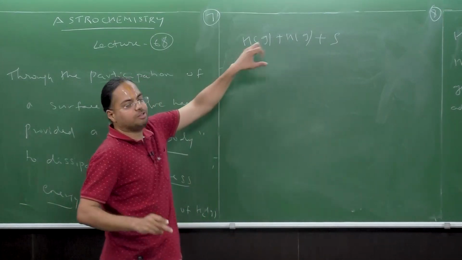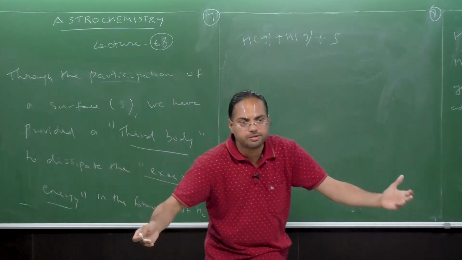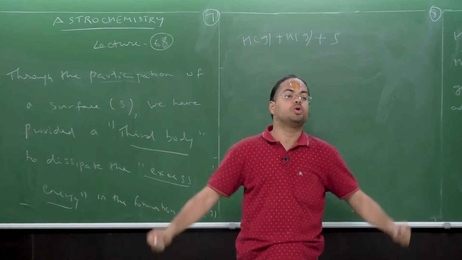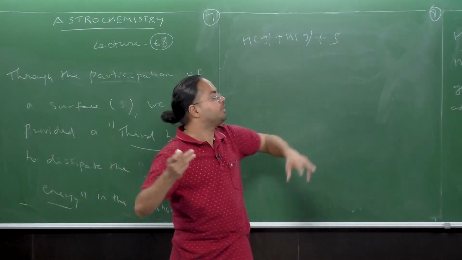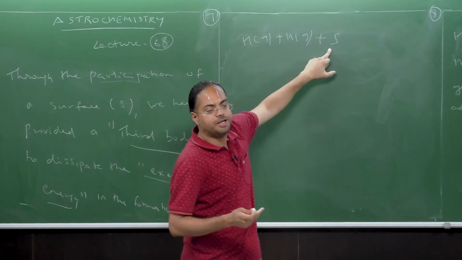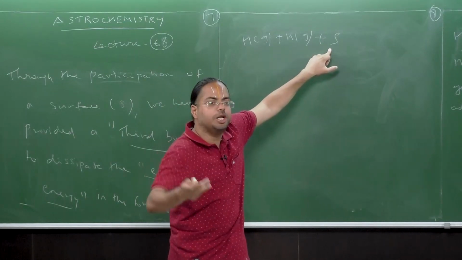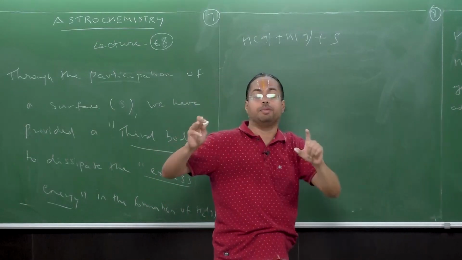Even though 3 particles cannot collide in the ISM, because how do chemical reactions happen? Chemical reactions happen by atoms and molecules colliding with one another. But the collision of 2 particles itself is going to be very hard in the ISM. By introducing one more entity, it's just going to be exceptionally hard. So directly 3 body collisions are not going to happen.